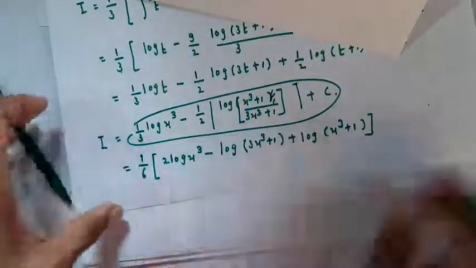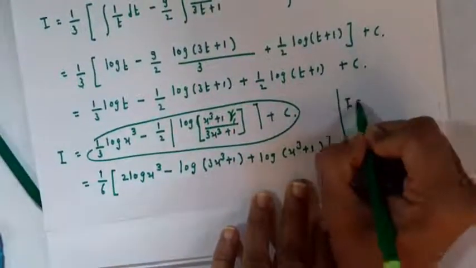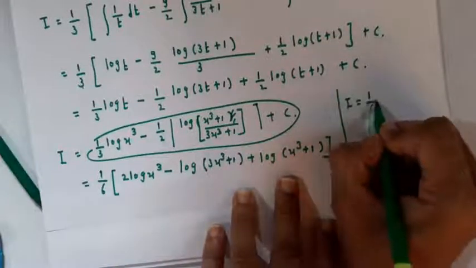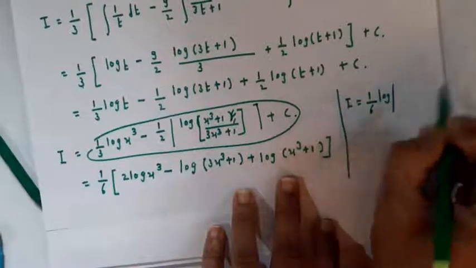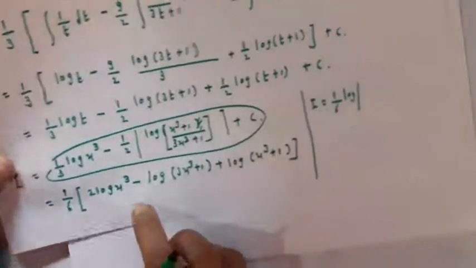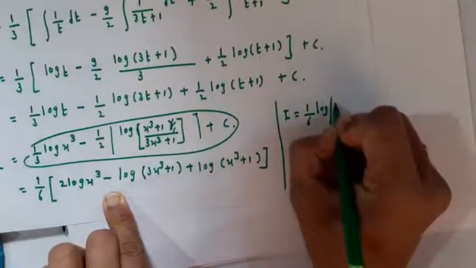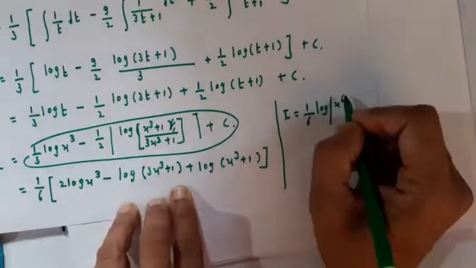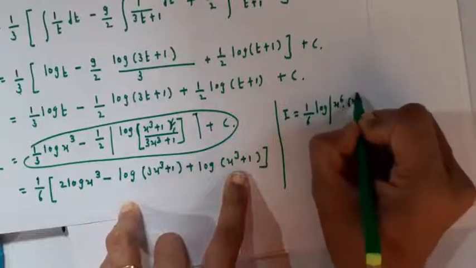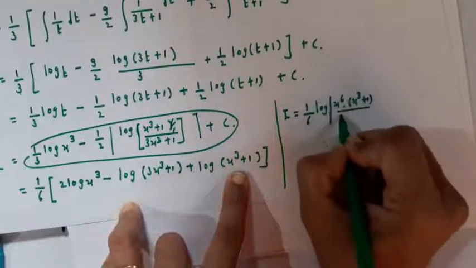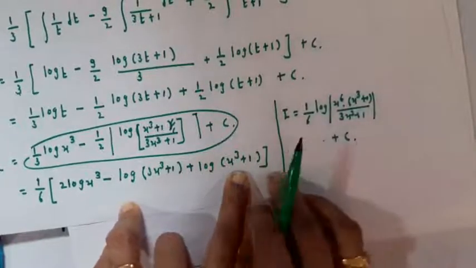and by using rules of logarithm we can write this directly as integration I equals 1 by 6 log of, that is 2 log of x cube, that is log of m raised to n formula, and this is log of x raised to 6 into x cube plus 1, that is addition in terms of multiplication, and upon 3x cube plus 1 in this way, and plus constant of integration c.